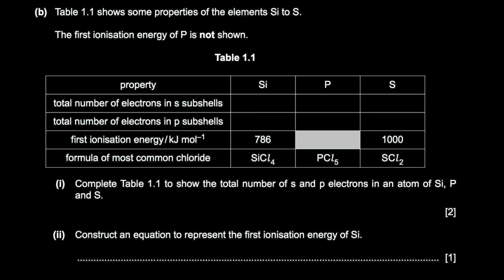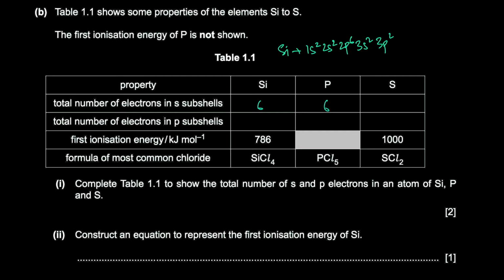So what do we have here? For all of them we have 1s2, 2s2, 2p6, and then 3s2, and then for silicon we have 3p2. So the total number of electrons in s subshells, we have 2 in the 1s subshell, 2 in the 2s subshell, and 2 in the 3s subshell. So that's 6.